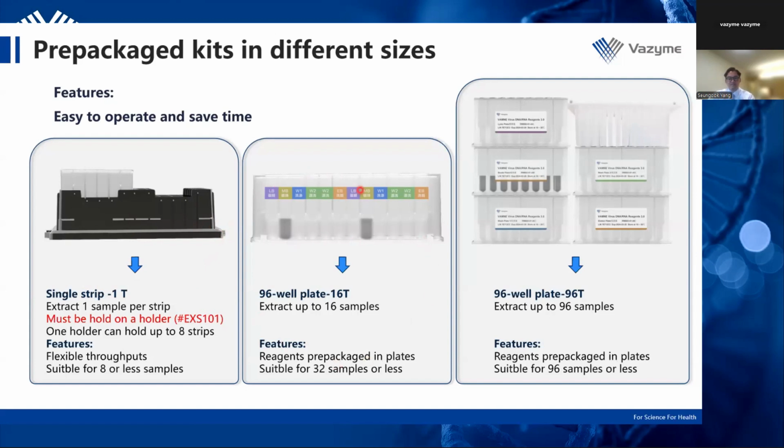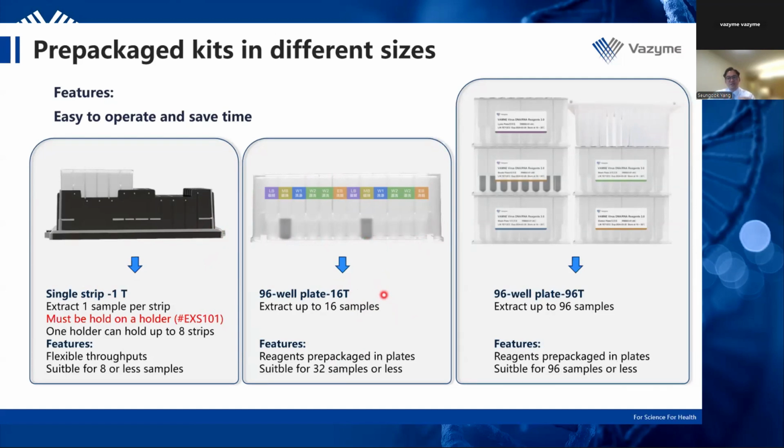And secondly, the 96 well plate, which is suited for 16 tests, also known as the 16T. This one allows extraction of 16 samples in one go. The reagents are preloaded into plates, which streamlines the process.